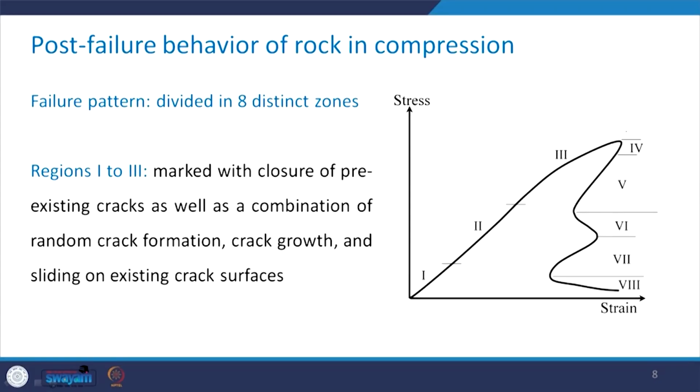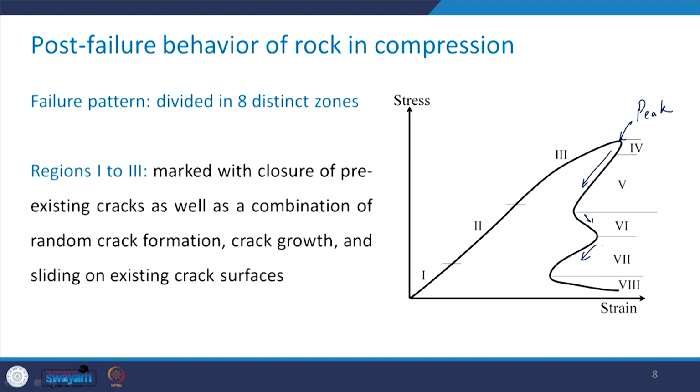So, let us see how this post peak and pre peak stress strain response looks like. As I just now mentioned, say this is here, the peak is reached. Immediately after the peak there is a sudden reduction, and that is followed by gentle slopes along this and here.